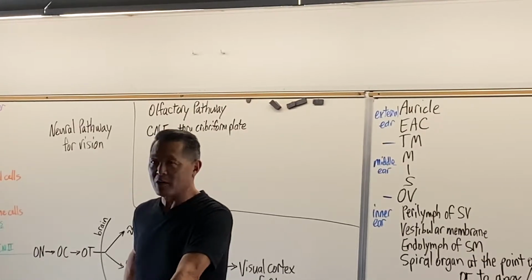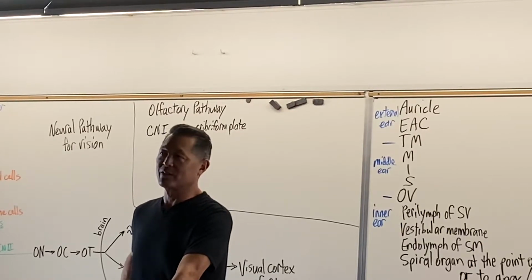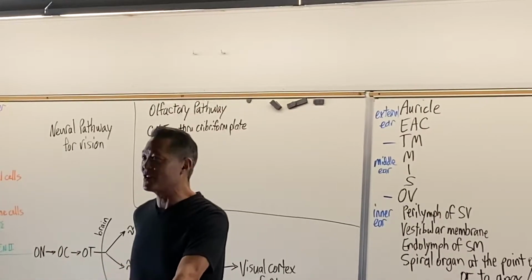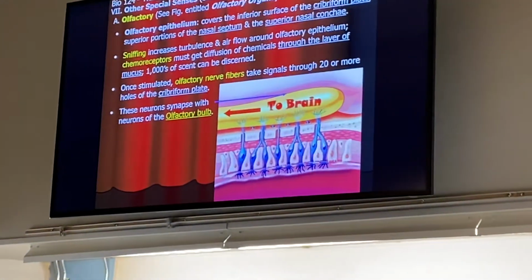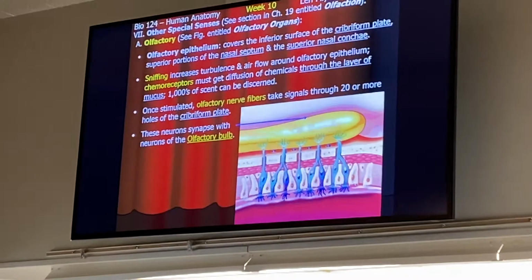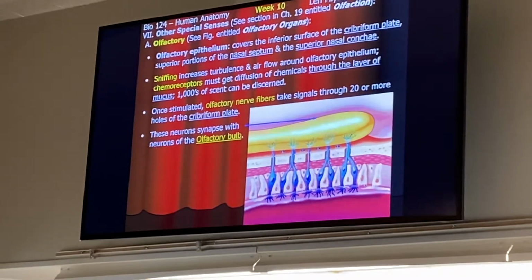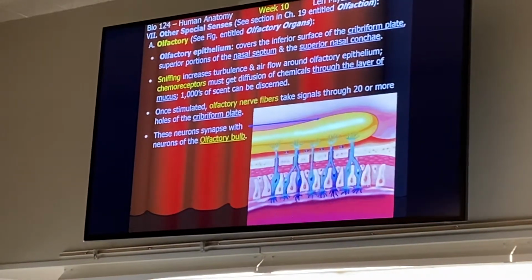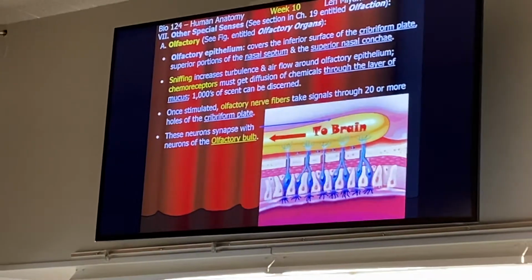In the olfactory bulb are second order neurons that we erroneously say, okay, well, we can't pin those little guys going through the cribriform plate, so we'll call this cranial nerve 1. No, the olfactory bulb and olfactory tract are second order neurons. The blue ones are cranial nerve 1.